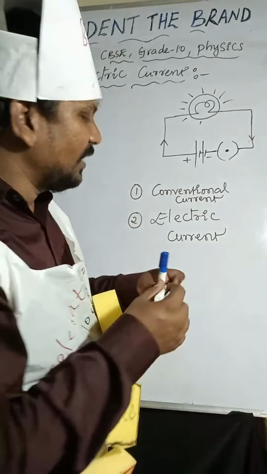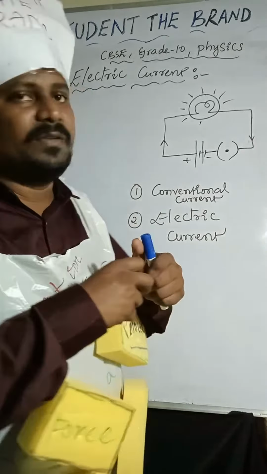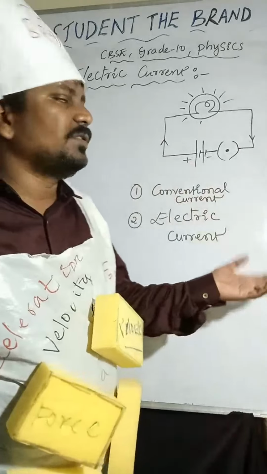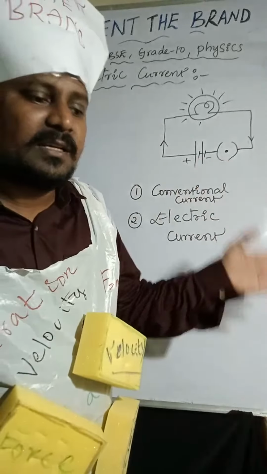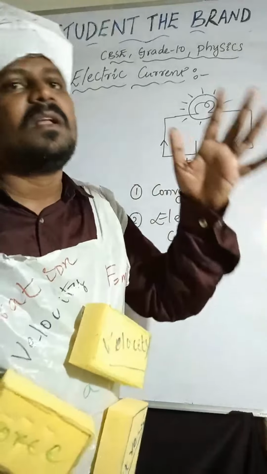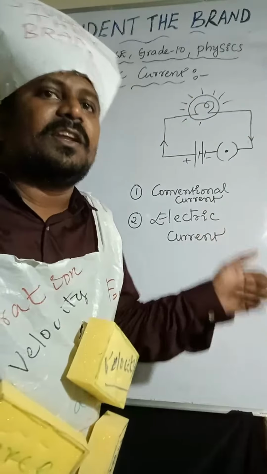But after knowing about electrons and protons, the flow of electrons gives the electric current. Since it was already given, we are using the same. That's why it is called conventional current.